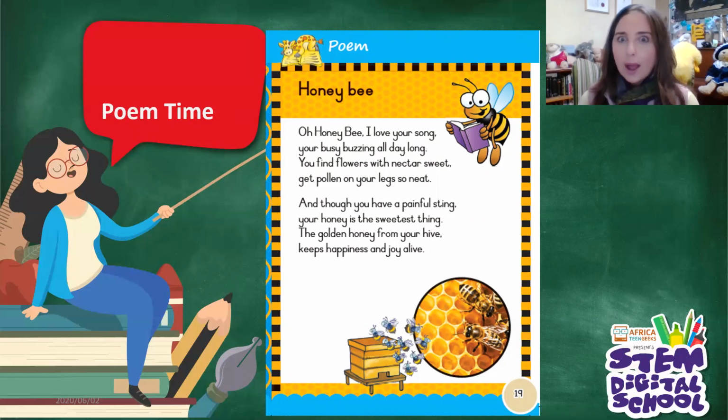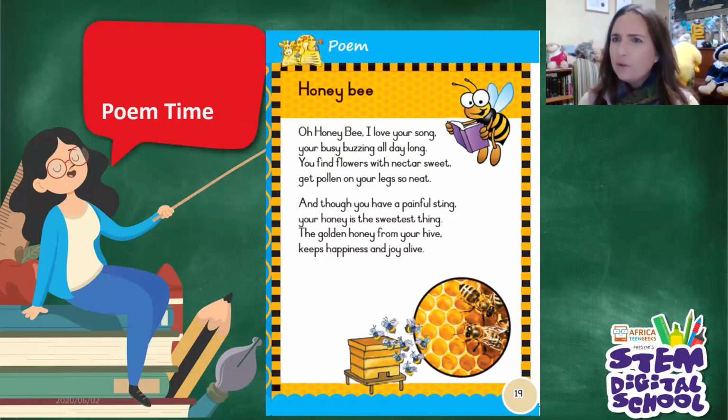Wow, guys, so our honeybee has a song. It's buzzing all day long. You find flowers with nectar sweet, so they go find flowers to make the nectar, the honey. Okay, get pollen on your legs, so neat. So the pollen from the flowers, it's like a dust, gets on their feet.